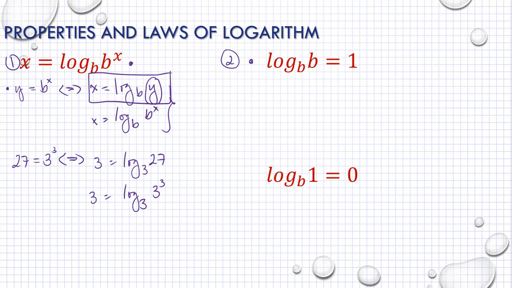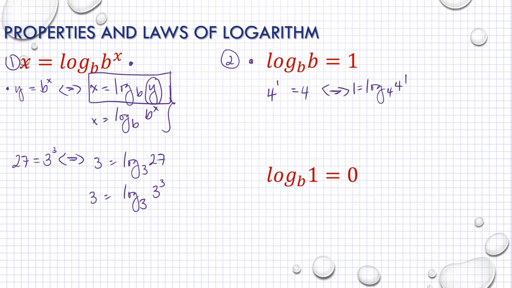For example, we have 4 raised to 1, that is 4, if and only if, by the definition, 1 is equal to logarithm of 4 raised to 1 with a base 4.